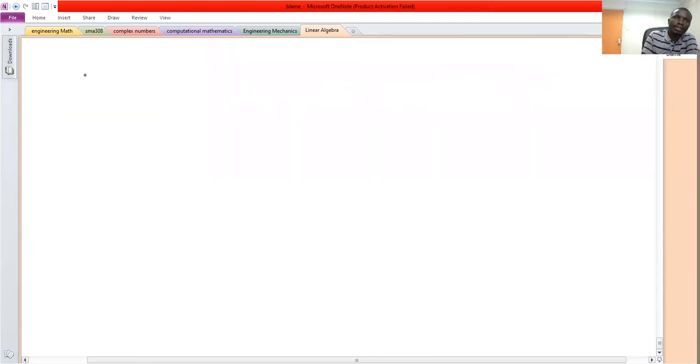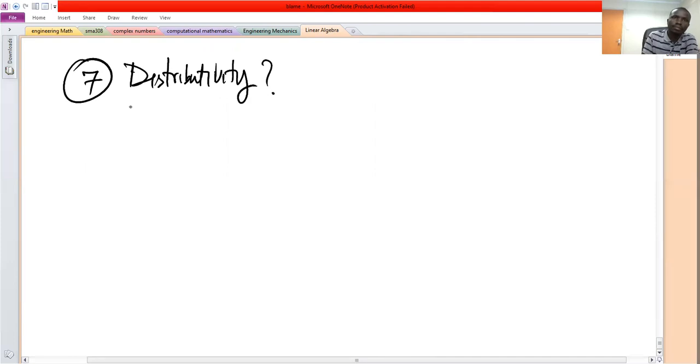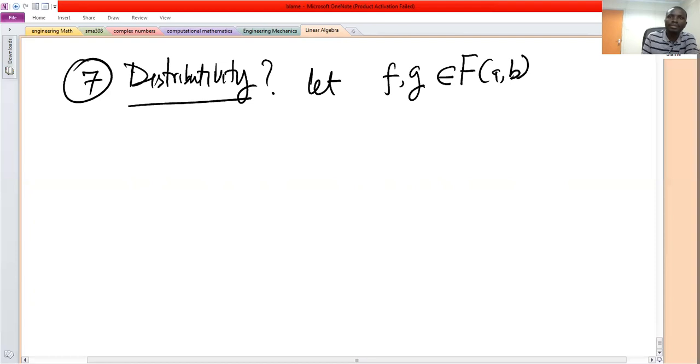And then number 7, distributivity. Now let f and g be two functions in this set F, and alpha be any real number.